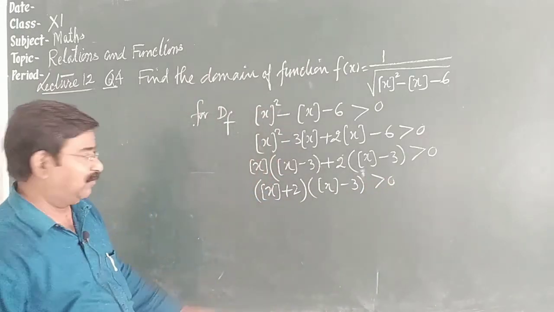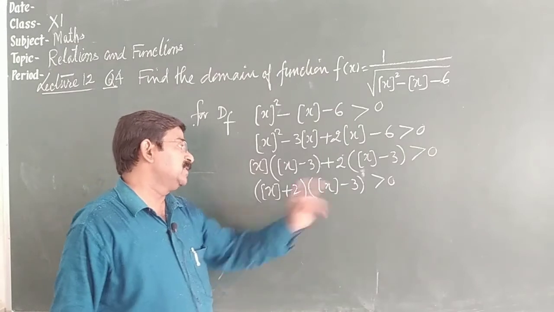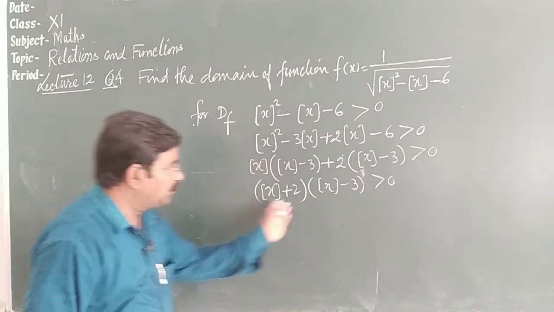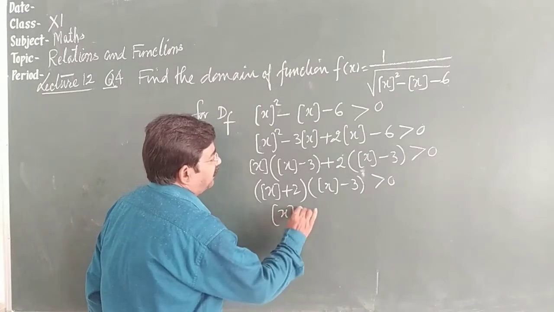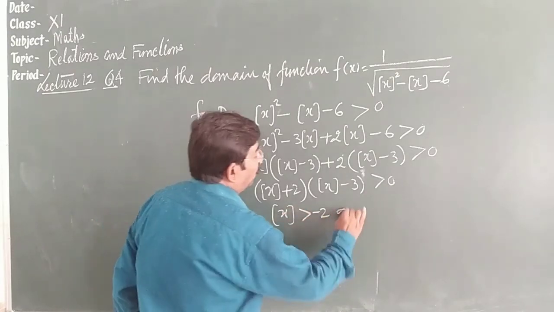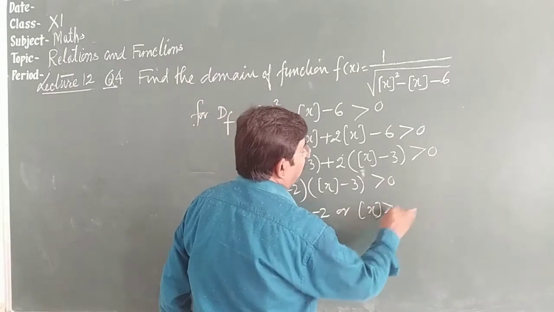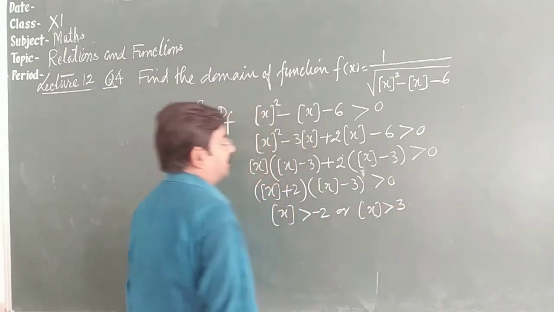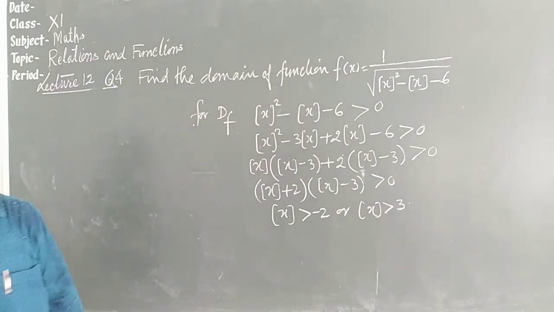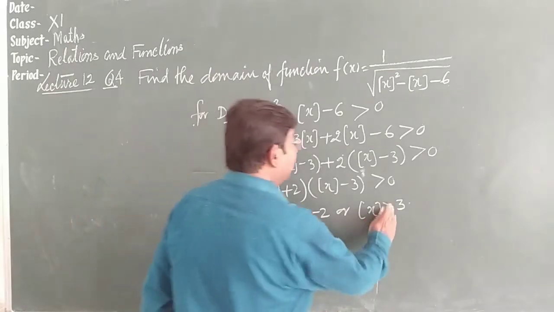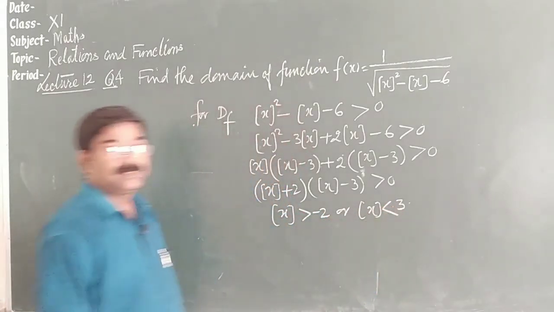So [x] is more than −2 and more than 3, or it will be less than −2 and less than 3. One is more and the other is less.